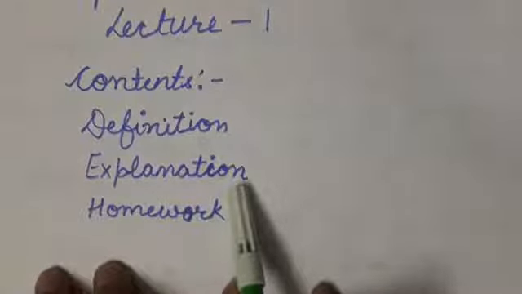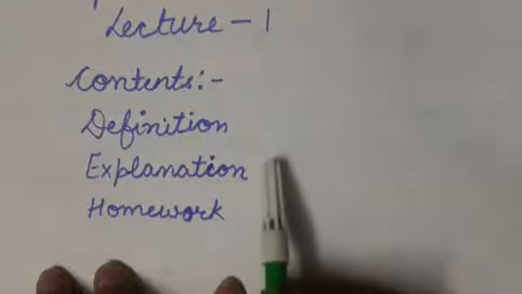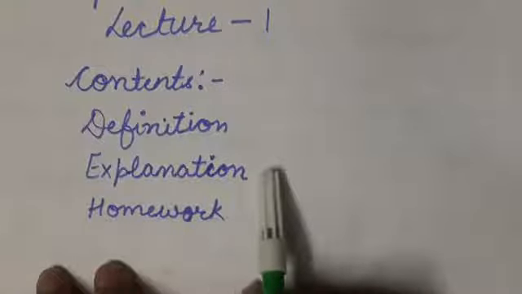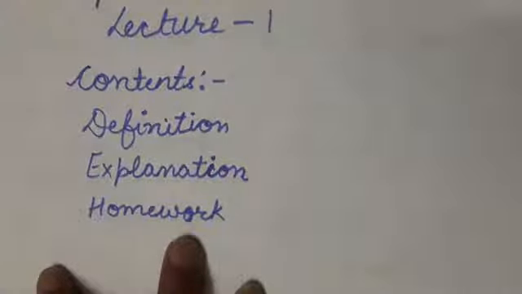I will explain with the help of examples how you will arrange words in alphabetical order. Then I will give the homework regarding this topic. So I hope you understood the contents of this lecture.